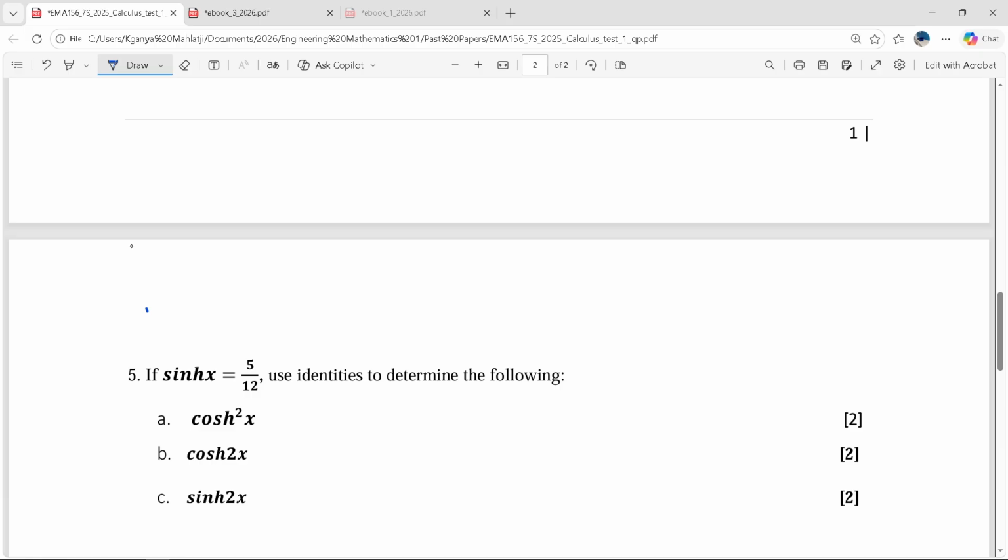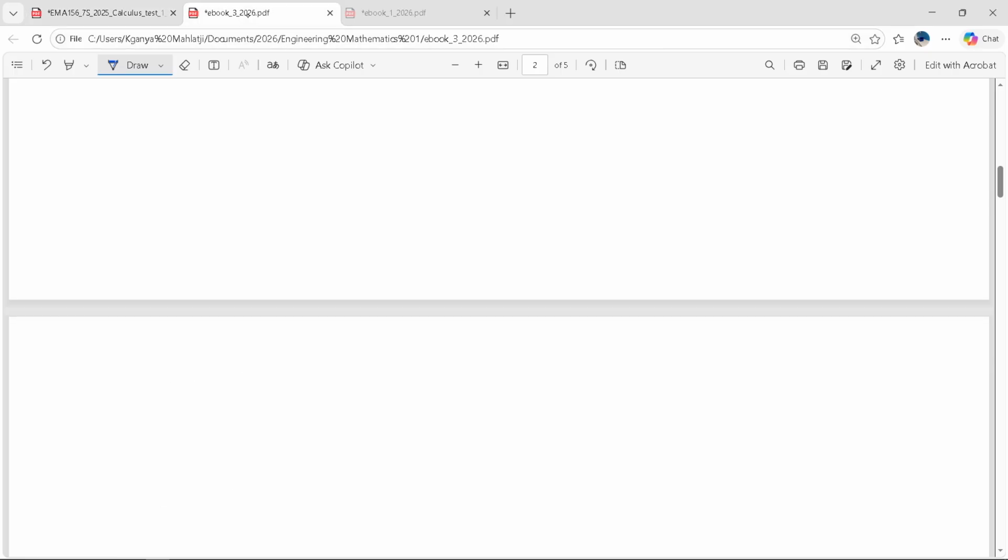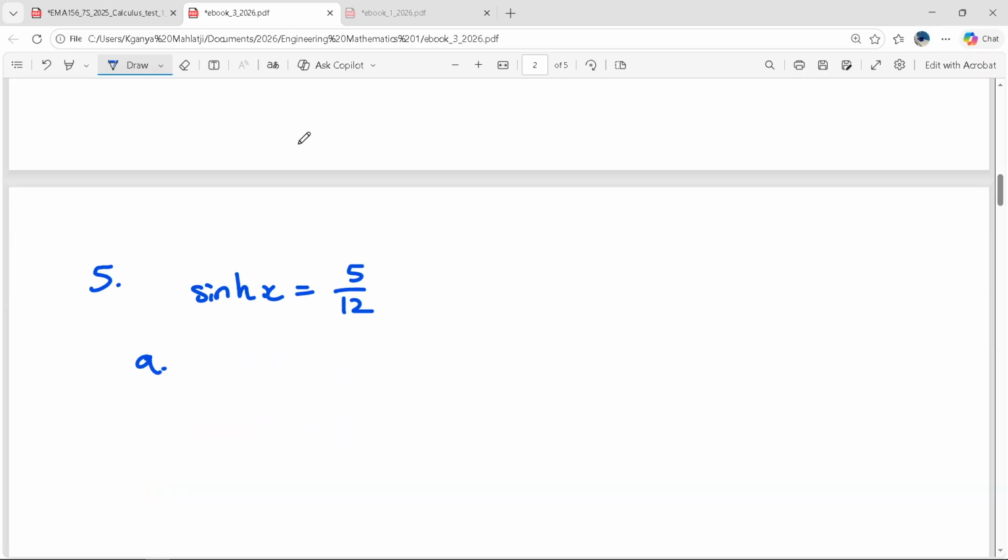If sinh x equals 5/12, use identities to determine the following. Let's begin. Number 5, we have sinh x equal 5/12.